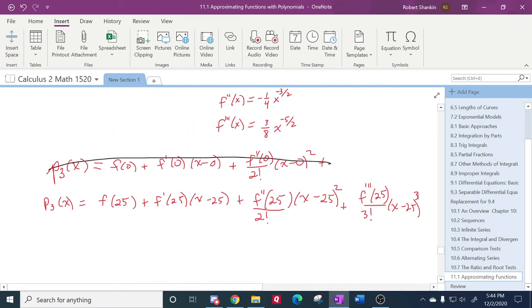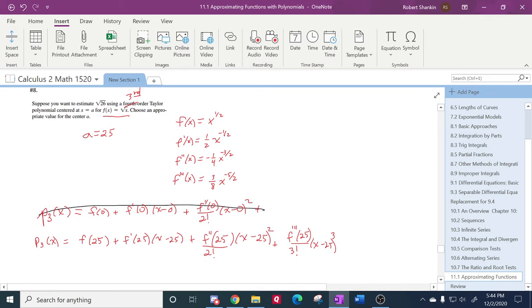Alright, so what's happening here then is, give it a little more space. Now, how do I get these values at 25? Well, f of 25 is 25 to the 1/2, which is 5, the square root of 25. F prime of 25 is 1/2 times 25 to the negative 1/2. Now, that's 1/2. 25 to the 1/2 would be 5, but negative throws it in the denominator.